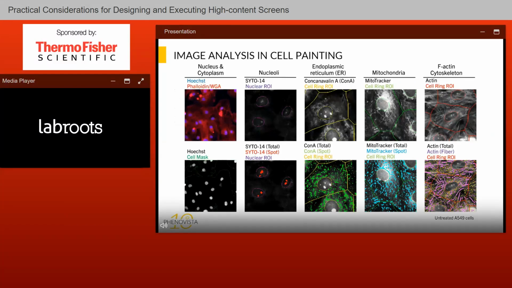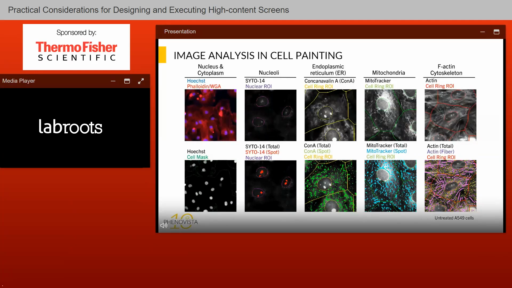Here's how the data looks. So you've got these different labels lighting up different parts of the cell. Moving left to right here, you've got the Hoechst and the phalloidin in blue and red. On the bottom, you've got masks that identify the nuclear boundary and the nucleoli within each nucleus.